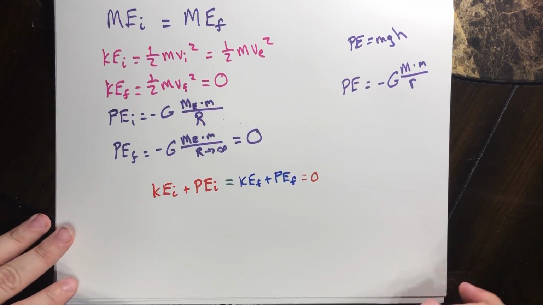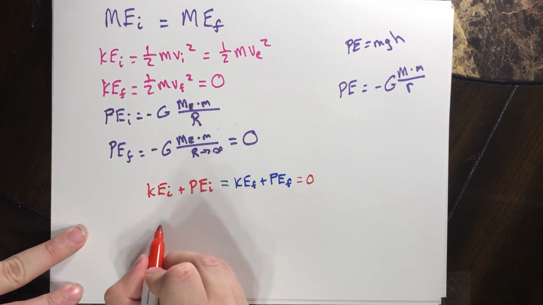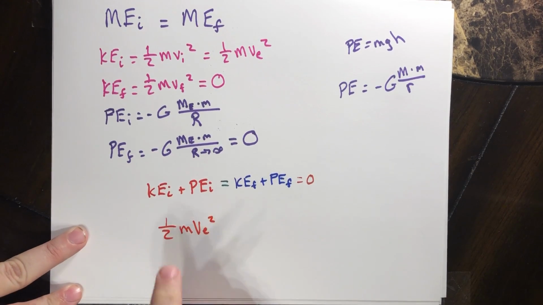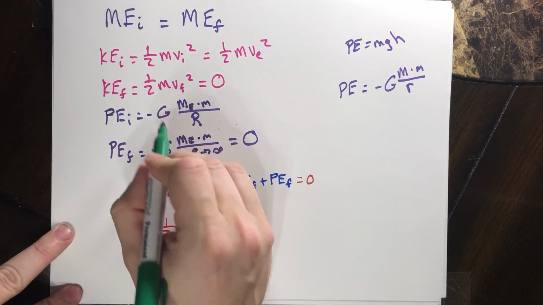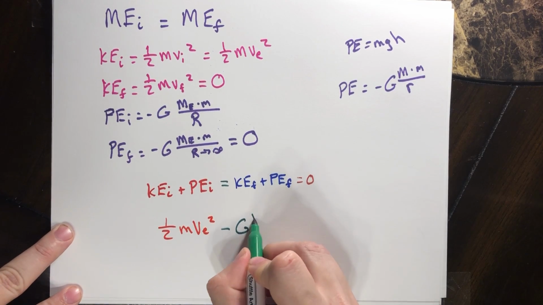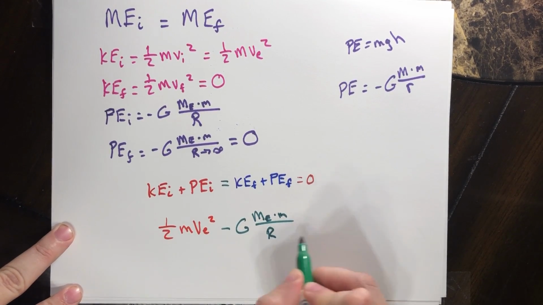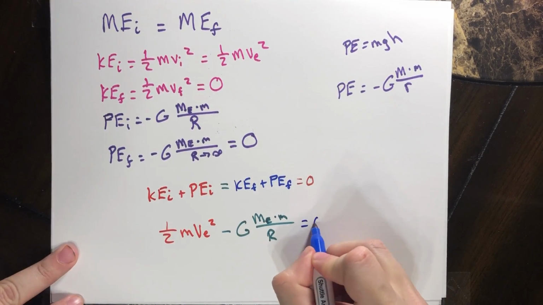Okay? So now if we come back in, we plug in what we know. Our kinetic energy initial is just 1/2 mass times the escape velocity squared, where m is the mass of our object. And then we subtract, because we're adding them, but it's a negative, G m of Earth times mass over the radius of Earth, and all of that is going to equal 0.